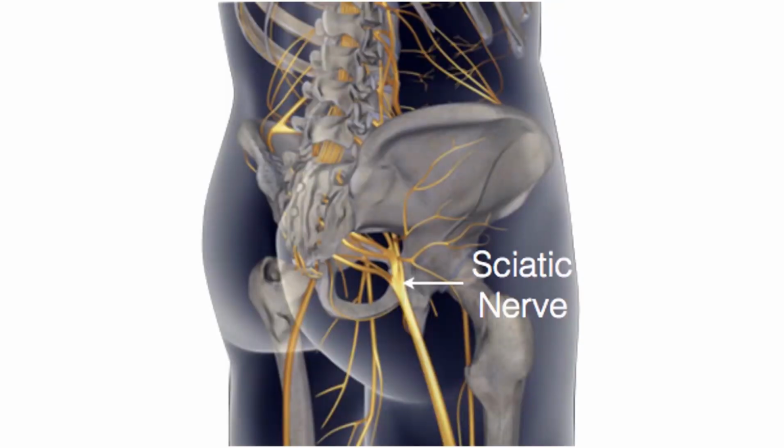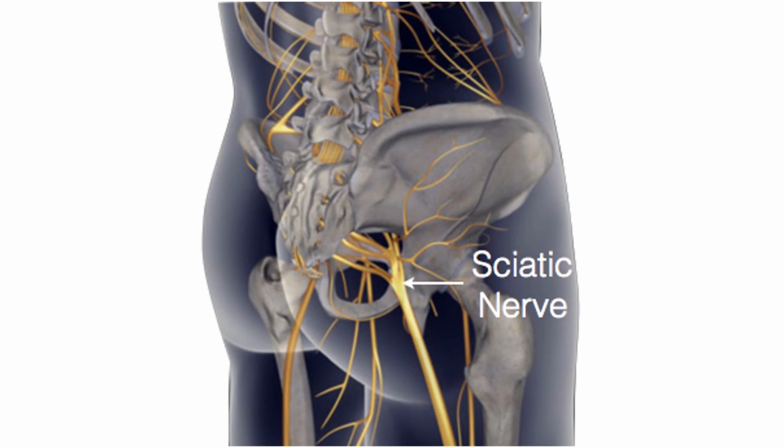The sciatic nerve, which takes origin from the terminal branches of the lumbar, L4, L5, and the upper parts of the sacral, S1, S2, S3, is going to supply the muscles of the back of the thigh.